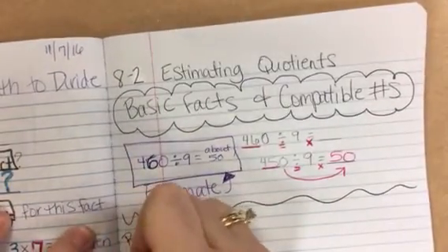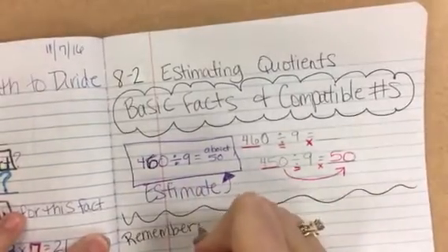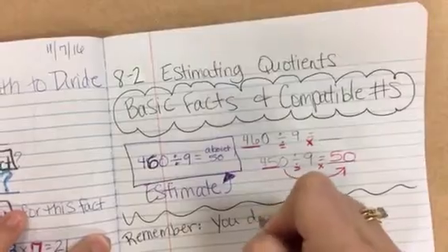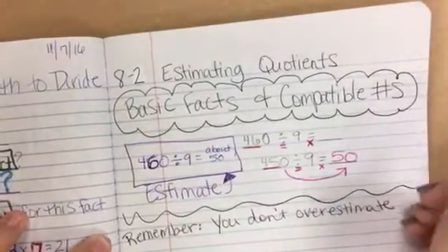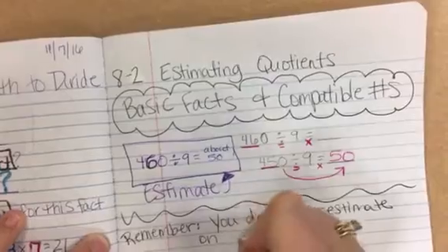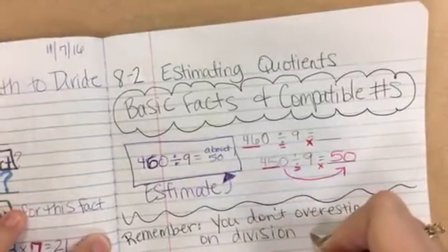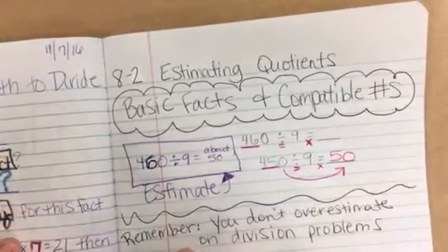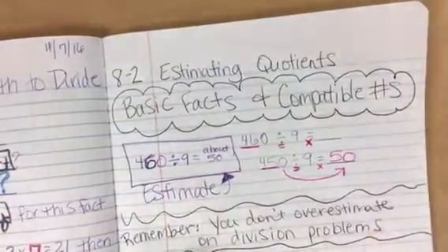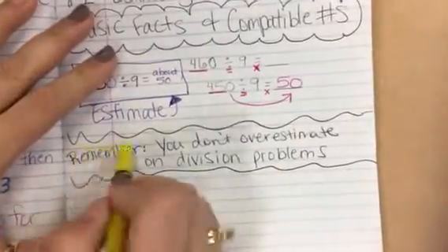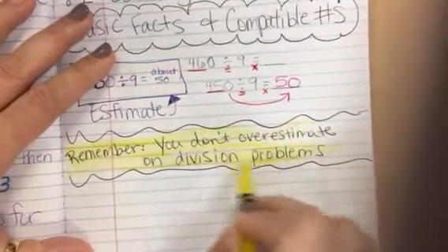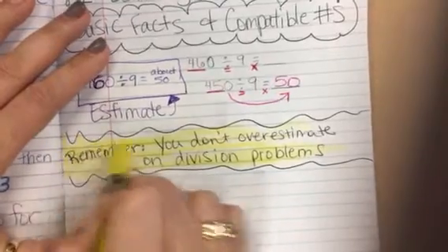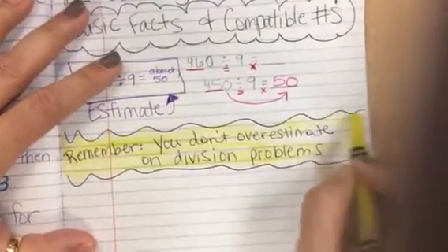We're going to put, remember, you don't overestimate on division problems, and I'm going to go through and color this in because when you get through all this and you learn it, yes, there are times that you can overestimate on a division problem, but right now we don't want to because it will actually help you when we move on and do full long division.